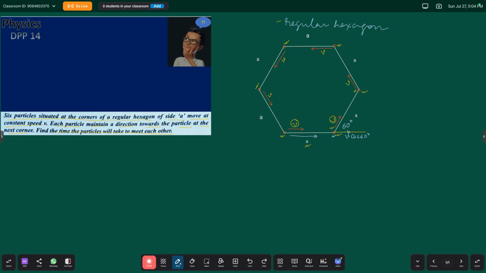So velocity of approach between, if we say this corner as A and this corner as B, the particles located at corner A and B. Rather you should say speed, because its direction is continuously changing.